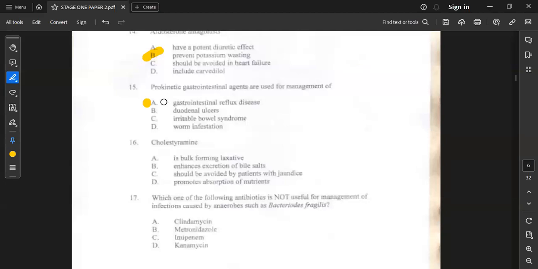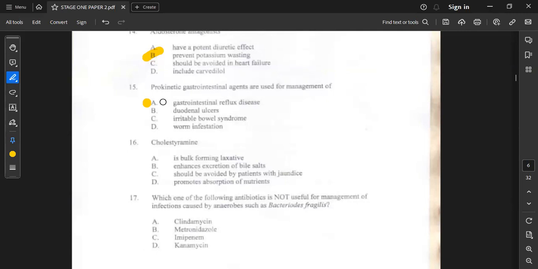So we have domperidone, which is a prokinetic, metoclopramide, and another one called itopride. You usually find them even in combination with PPIs because they work together.